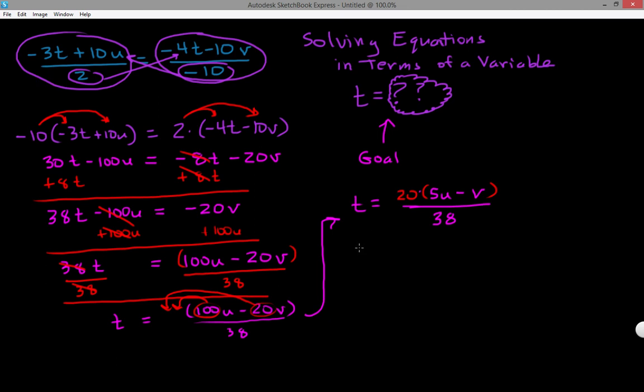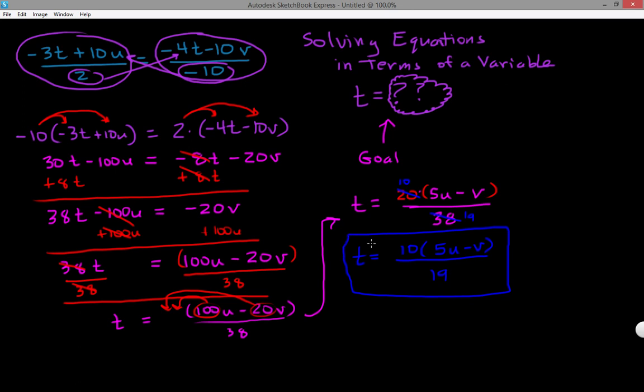So I'm going to get ready to write another answer. Switch colors on you. 2 goes into there 10 times, so I'm going to have a 10 left over. 2 goes into there 19 times, so I'll have a 19 left over. I should write that right here. And of course I still have my 5u minus v. This is the ultimate answer.